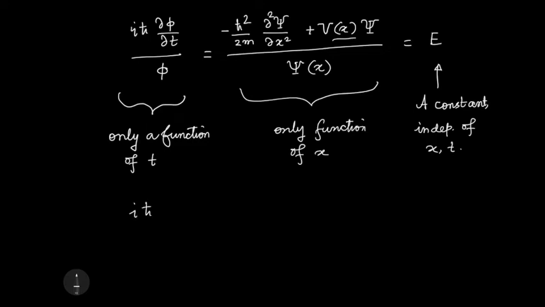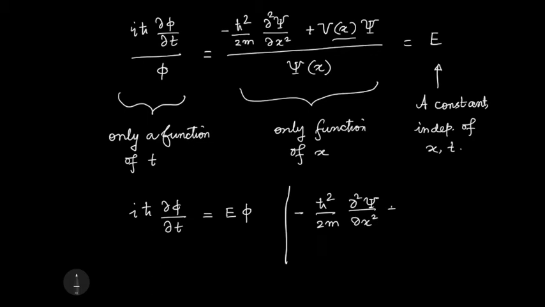So I get i h cross del phi del t equals E phi and minus h cross square by 2m del 2 psi del x2 plus V function of x capital psi equals also E capital psi.